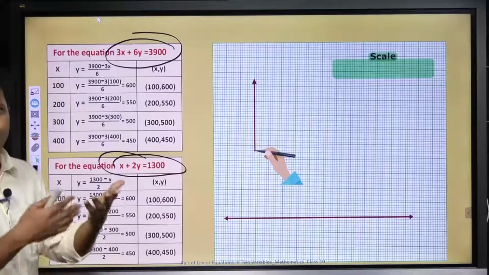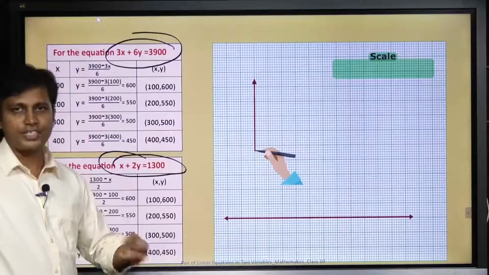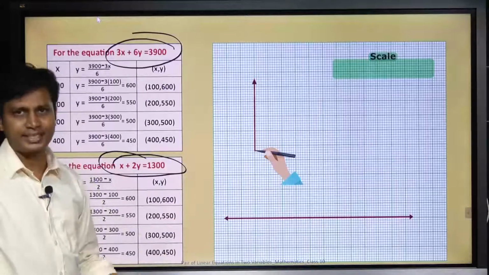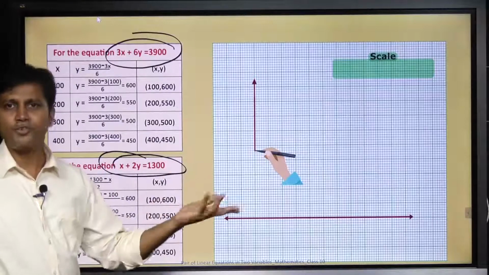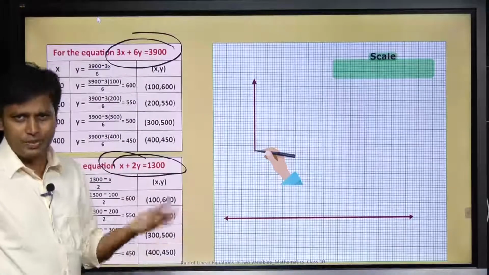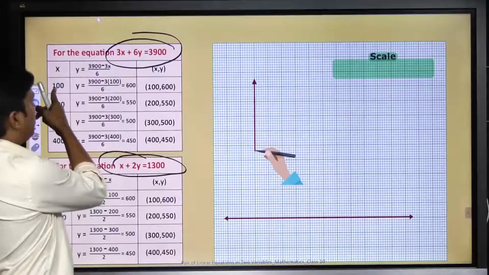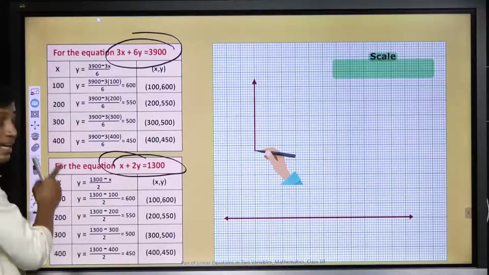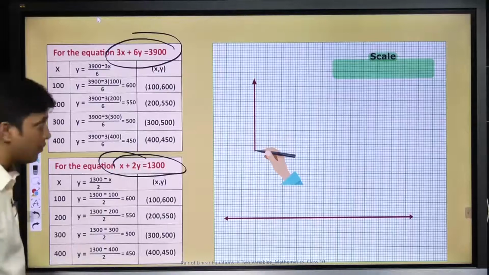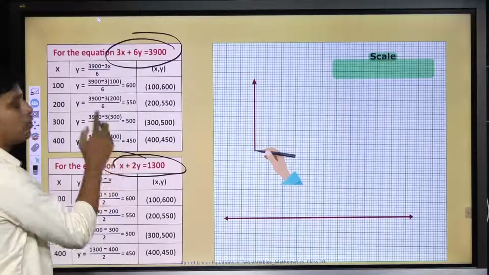Again the same process repeats: we substitute some values for x and hence obtain values of y. Same process as before. We took x equal to 100, 200, 300, and correspondingly we are getting the values of y for this equation as 600, 550, 500 and 450.